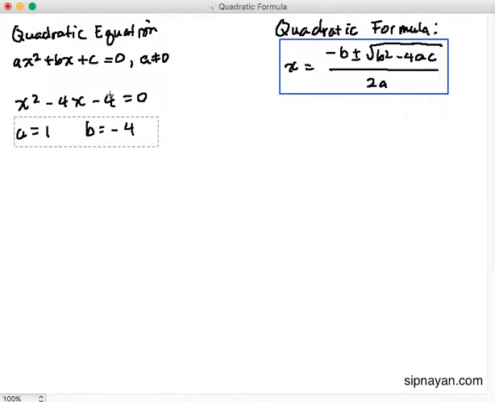Baguhin na lang natin para gets niyo. Dito sa general form niya naka-plus tayo, no? Pero dito naka-minus tayo. So pwede natin gawing plus itong mga minus na ito by x squared plus negative 4x plus negative 4 is equal to 0. Paano ito nangyari?